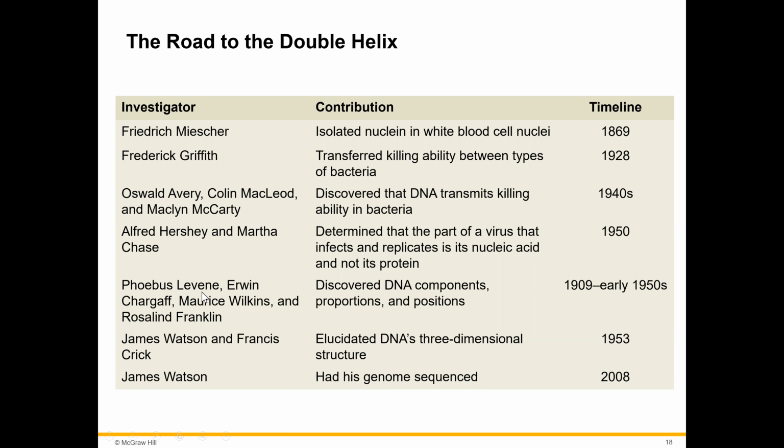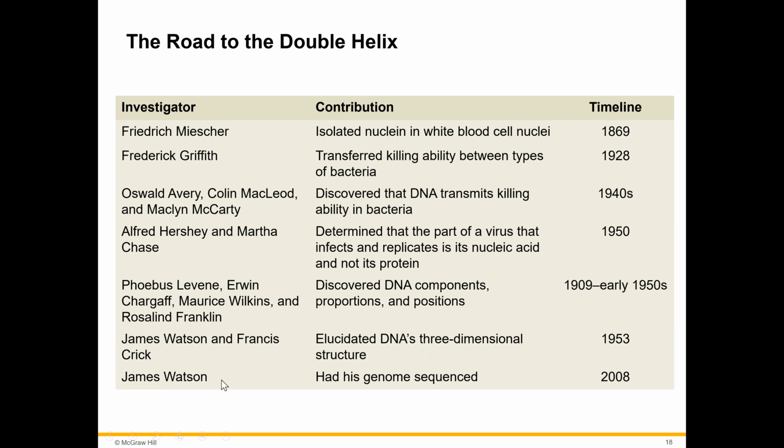Then we have Levene, Chargaff, Wilkins, Franklin that discovered DNA components, proportions, and positions, and then James Watson and Francis Crick that elucidated DNA's 3-dimensional structure. So they built this 3-dimensional structure, discovered the 3-dimensional structure of DNA.